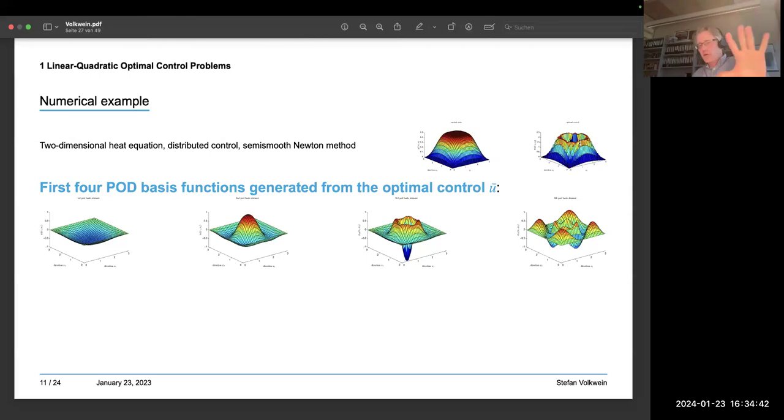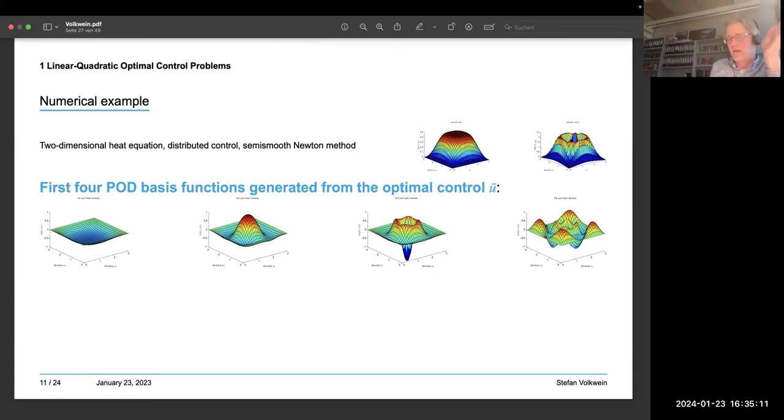So when we solve this by finite elements, you get a basis, which is exactly what you see here, the first POD functions. So again, we have this problem. We solve it with finite elements. You have snapshots. With these snapshots, compute a basis. And you see the first POD basis functions here. The question is, when I start with this OSPOD, is it possible to get something like this?